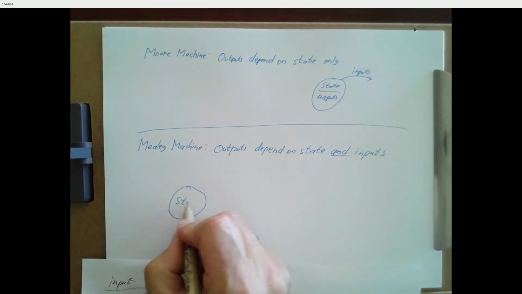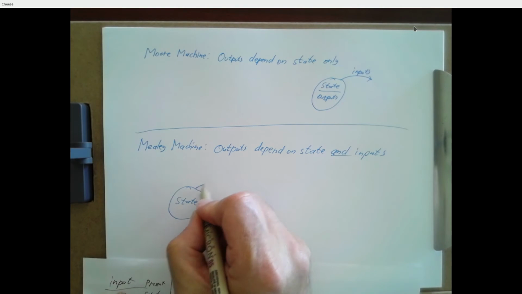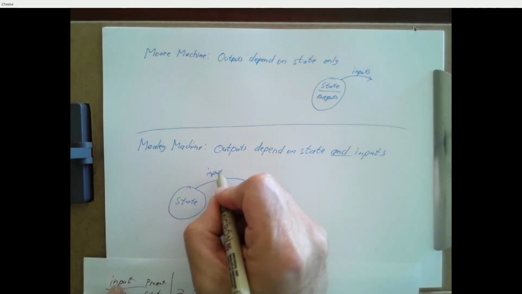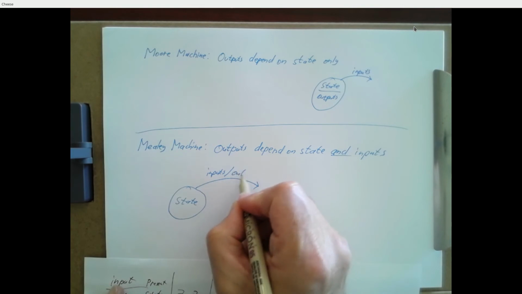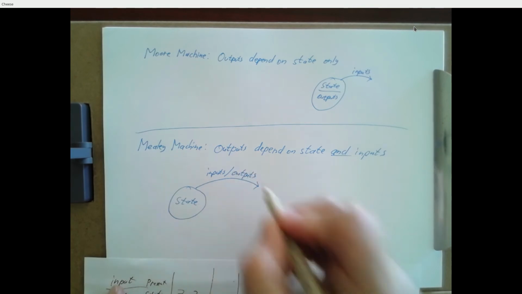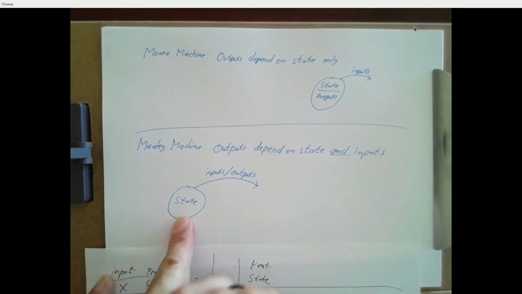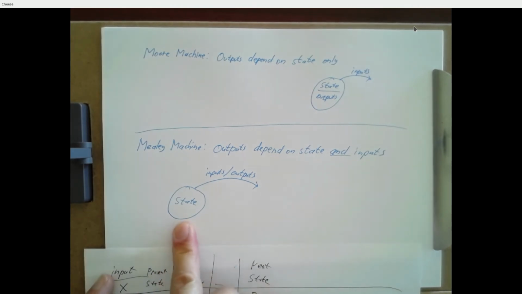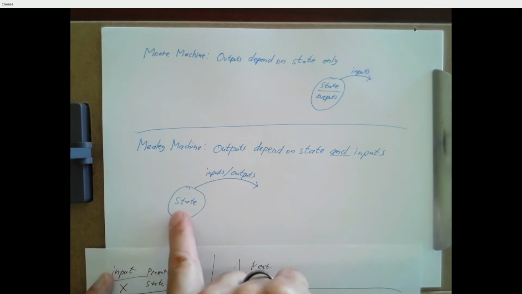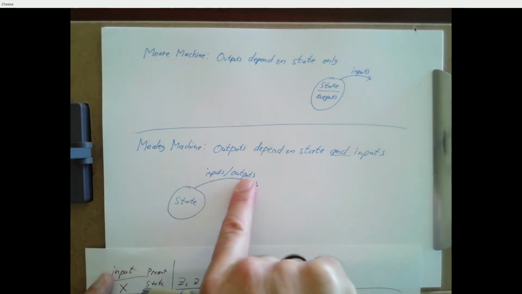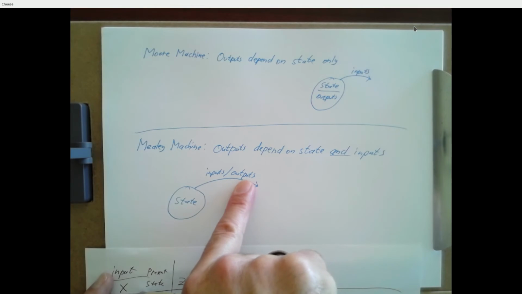We would list our states inside circles, but on our transition arrows, we would list the inputs, and then a slash and the outputs. The reason being, we can't just put it in the state because it also depends on the input value. So this would be the output if you were in this state and this was your given input or set of inputs.